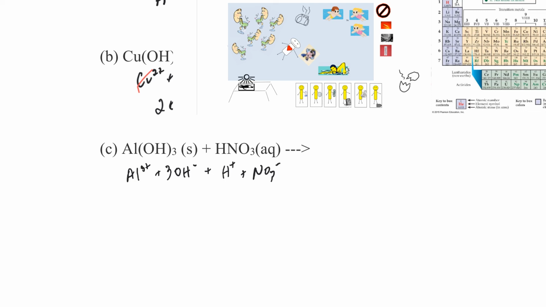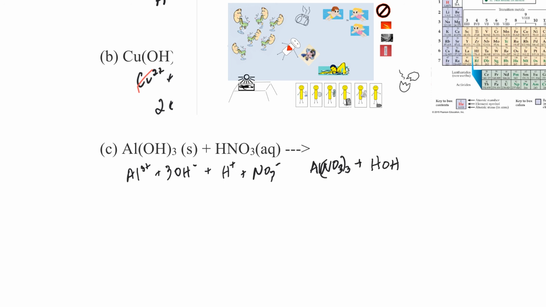But if you switch partners, you could possibly have something that's insoluble, like a solid or a liquid or a gas. So let's see, the aluminum nitrate, and aluminum is 3, and nitrate's -1, so there have to be 3 of those, plus hydrogen hydroxide.